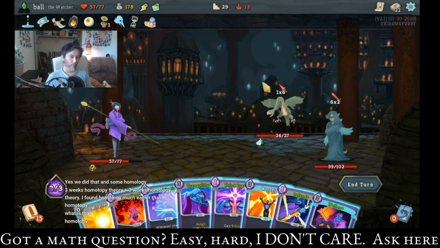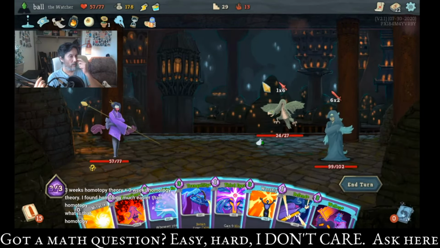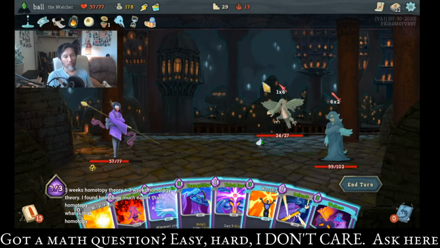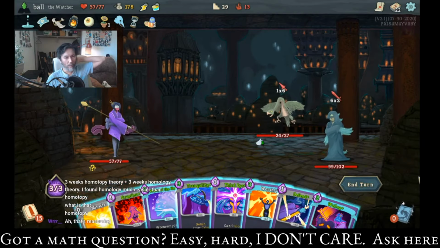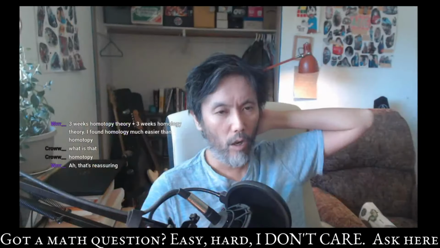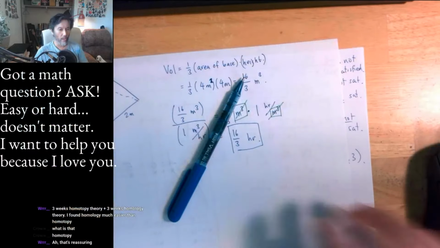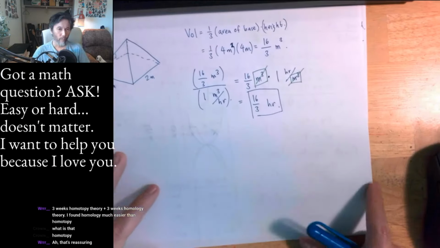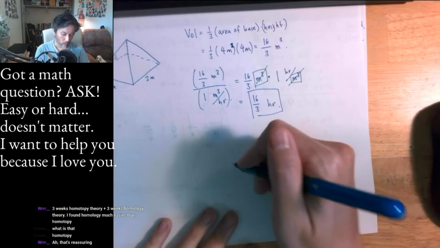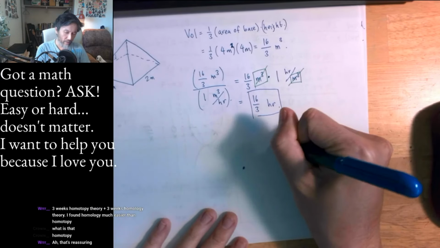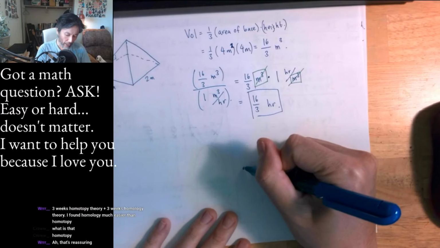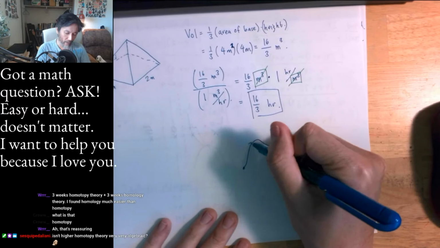That's a big question, but as a first pass, you can think of homotopy as being like, if you have two paths, or let's just start with a path in a space.